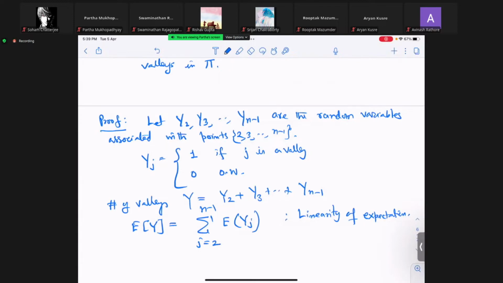The probability that the jth position is a valley. Yeah, but what is the expected value? That is the event, right? The j position is a valley is the event. What is the expected value of that? That's the question. E of yj, that we need to compute and add.